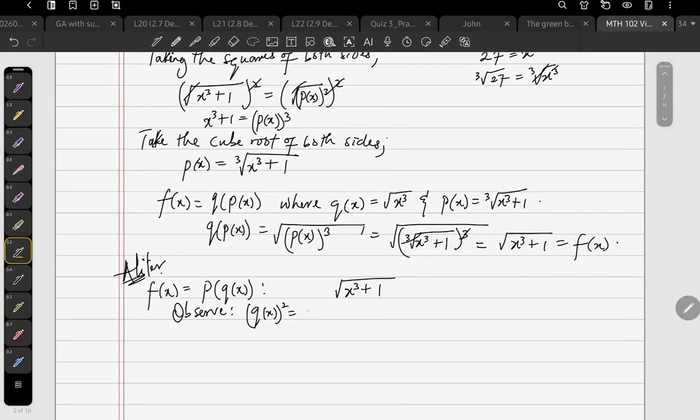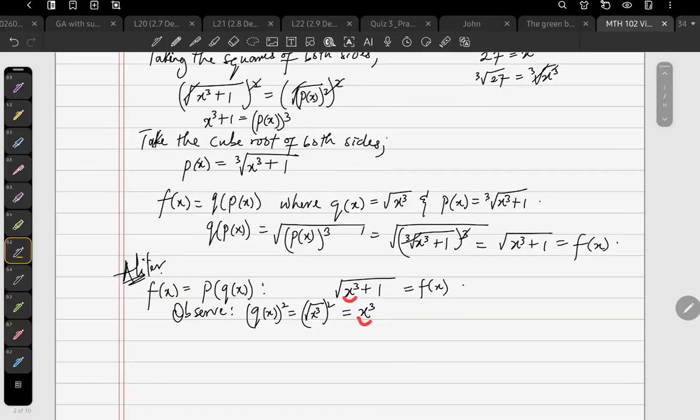Because that is the square root of x cubed, then we square it. So if we square this, you get x cubed. So this is something that is in the f of x that we want to get.